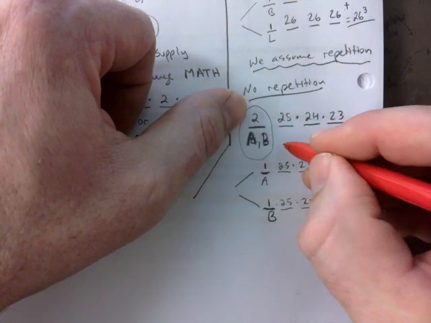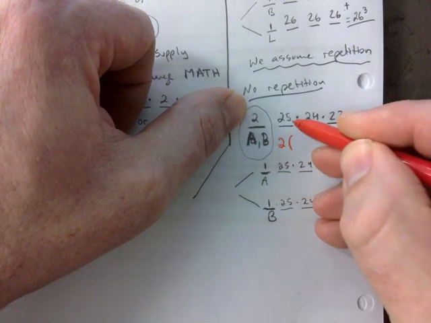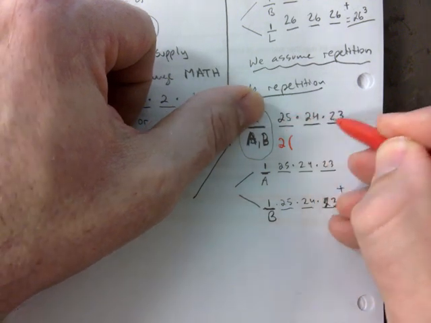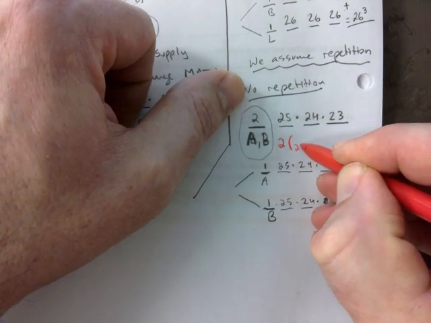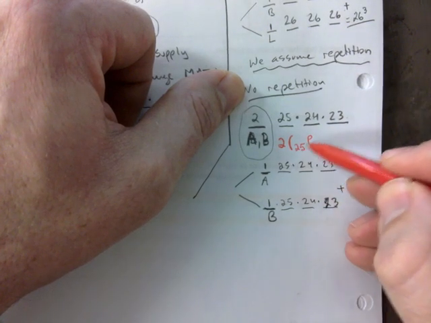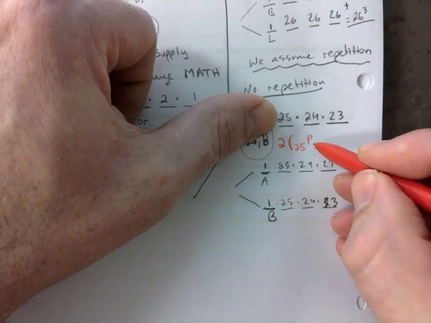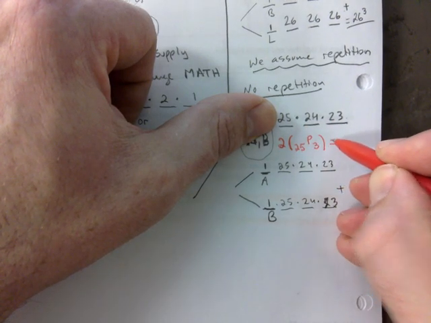I would say this, 2 times, how many options do I have there? 25. And I'm going to use pick a lot. 25 pick, how many slots do I have to fill? 3. And we're going to get our answer that way.